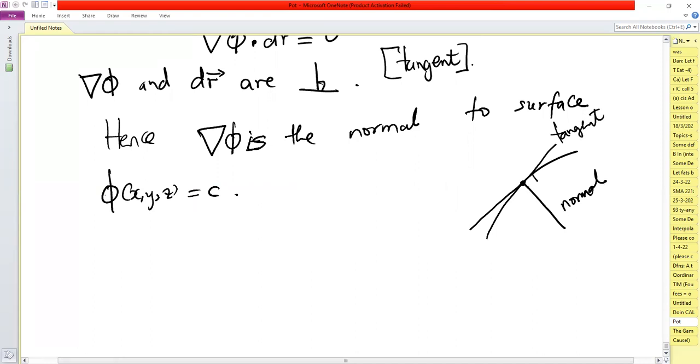So these two are meeting at 90 degrees. So because of this condition here, that gradient of phi dot dR equals 0, it means that this gradient of phi is normal to the surface given by phi equals C.